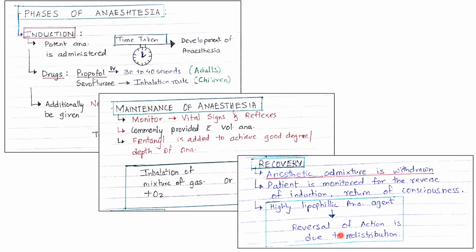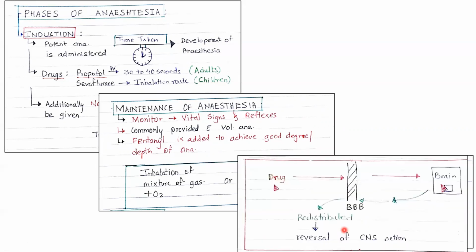If you remember what redistribution is, it will be clear with the help of this diagram. Drug is given. This is a highly lipophilic anesthetic agent. It rapidly crosses the blood-brain barrier. Once it crosses the blood-brain barrier, it goes and interacts with the receptors and has its effects on the CNS, that is the brain. Because it is highly lipophilic, it attains concentration in the CNS very rapidly, but it also leaves the CNS very rapidly.